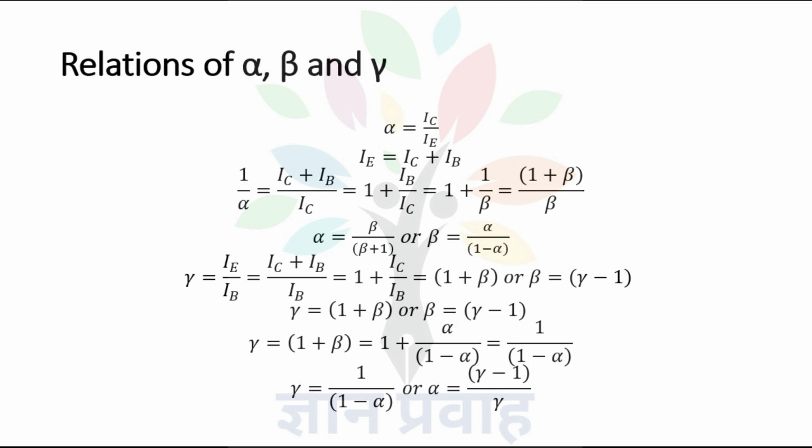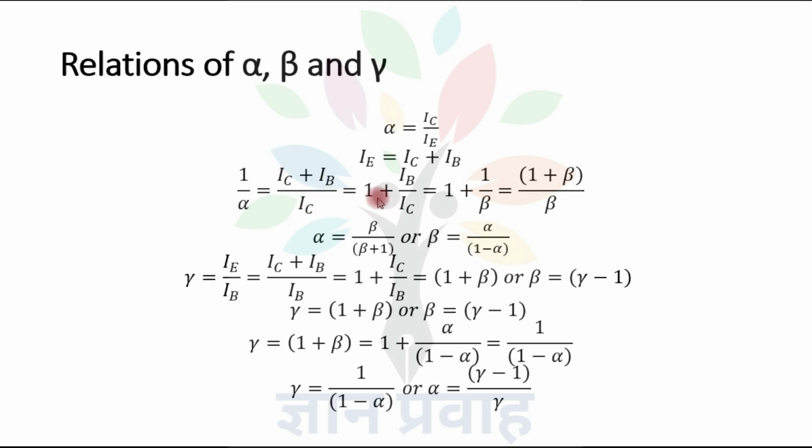Relations of alpha, beta and gamma. Here we are calculating the relation between alpha, beta and gamma. Alpha is the ratio of IC upon IE and IE equals IC plus IB. Converting this expression for common emitter configuration, we take 1 upon alpha equals IE upon IC, and IE equals IC plus IB divided by IC.